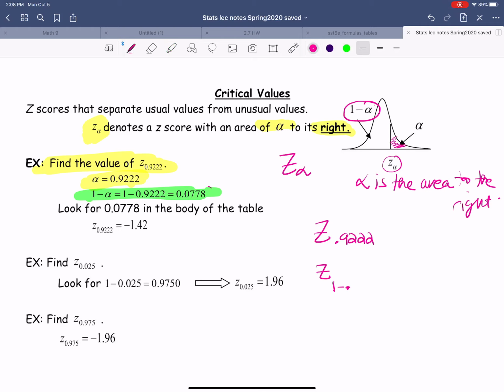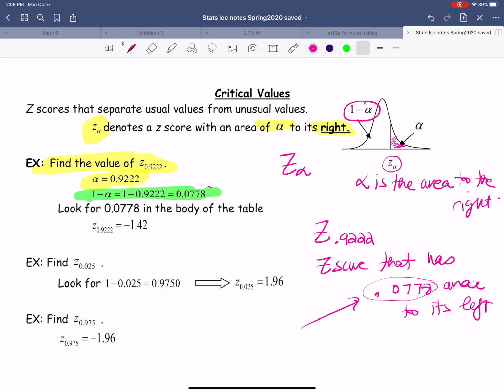So I'm looking for the z-score that has 0.0778 area to its left. So in my z-score table, I'm going to be looking for 0.0778. This is the area, so I'm going to look for it in the body of the table. Anytime you're given a z-score, you're looking in the first column and the first row.